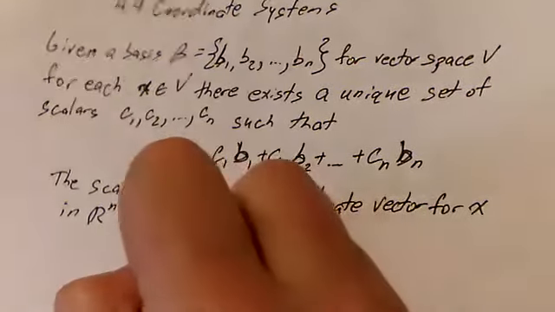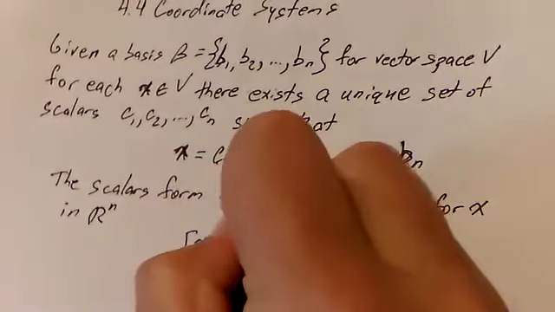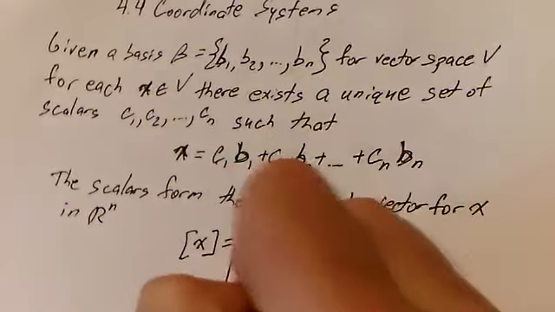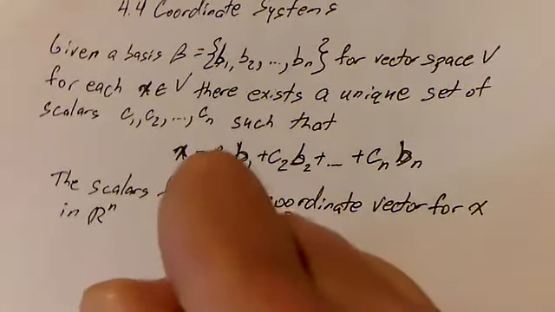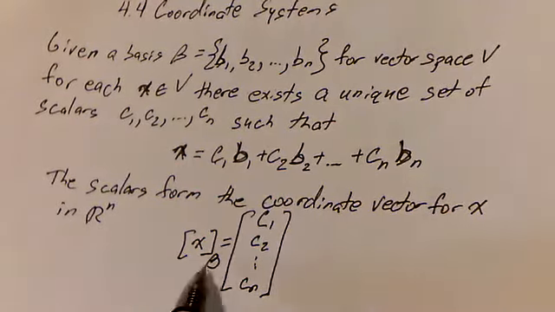So our coordinate vector of x is equal to each of these c's, C1, C2, all the way through Cn. Again, we use that matrix notation to represent the coordinate vector, and then we need to put it with respect to what basis. In this case, it's basis B. So your basis goes here in the lower left.